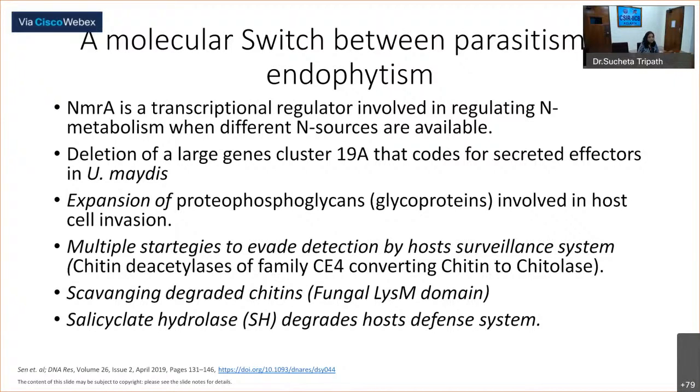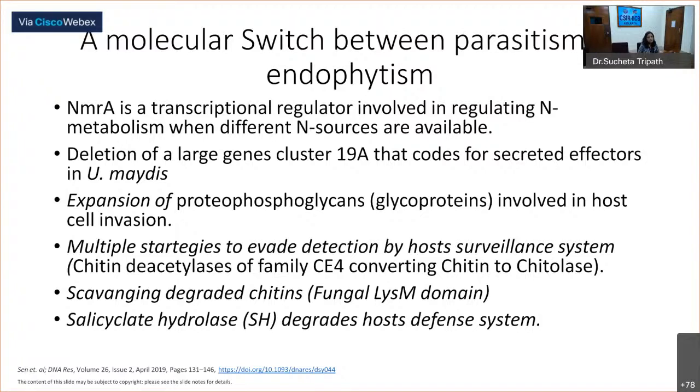That mechanism is actually switched off because this endophyte has to enter into the host system. And in order to do that, they have actually expanded a particular gene family called proteophosphoglycans, and this family of proteins helps them to invade different types of cells. That is why you could see that they were growing in typha. They can also grow in rice, and they can also have a broader host range.